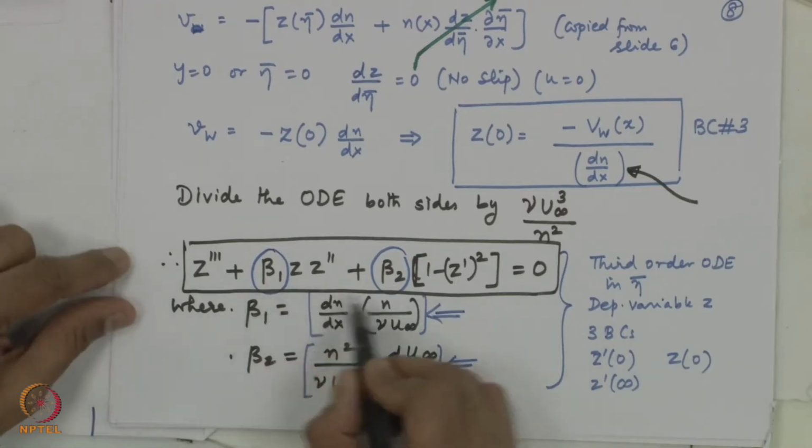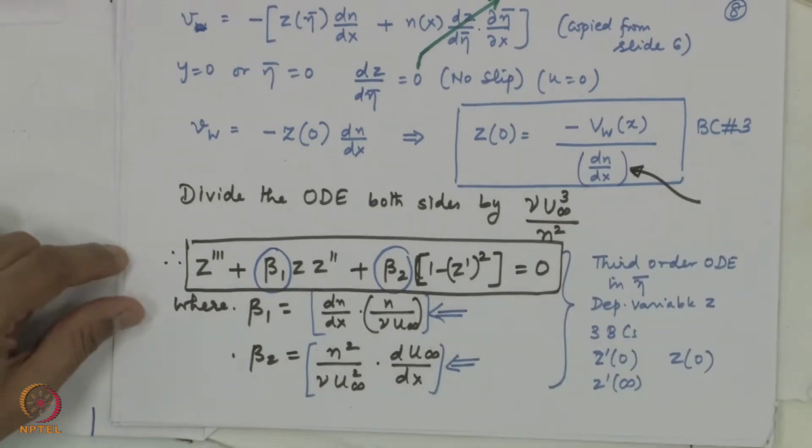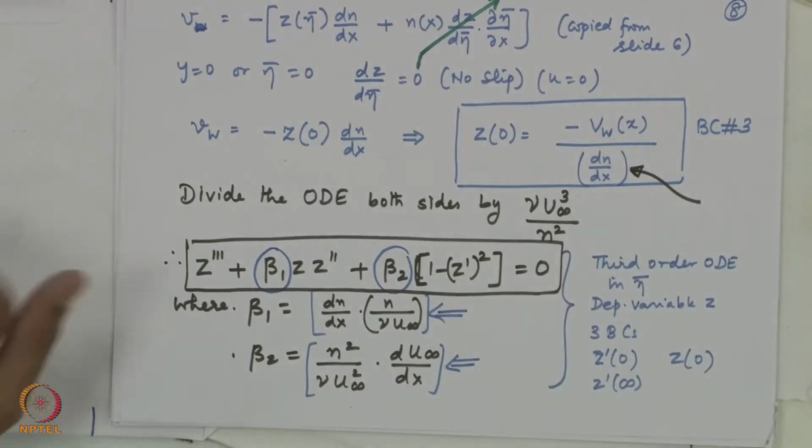Even if beta 1, beta 2 or this one has an x or y dependency, you have no control over those. Eta bar is something which we have now created such that it takes care of the variation of x and y. If you continue to have x and y in some hidden form, then you have not lost the dependency in x and y.